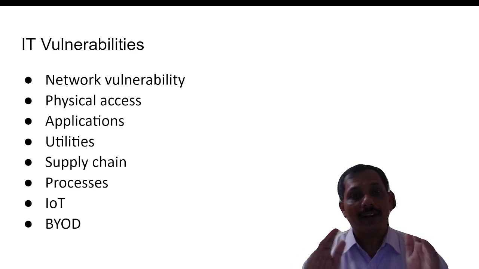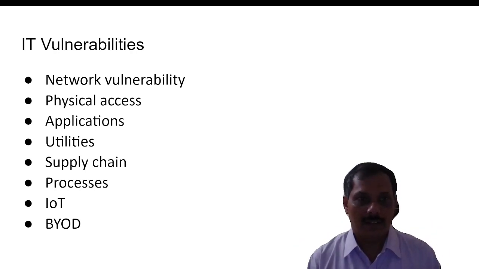So there are network related vulnerabilities. You cannot run your infrastructure without network. And there are some best practices or recommendations about your network architecture and configuration. So ideally, let's take some examples.